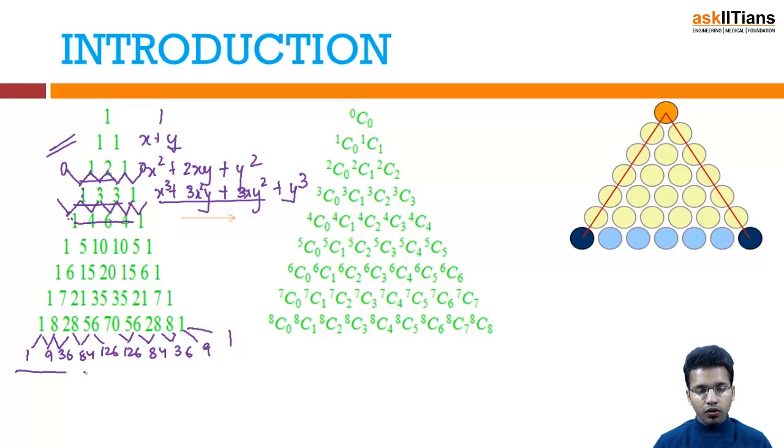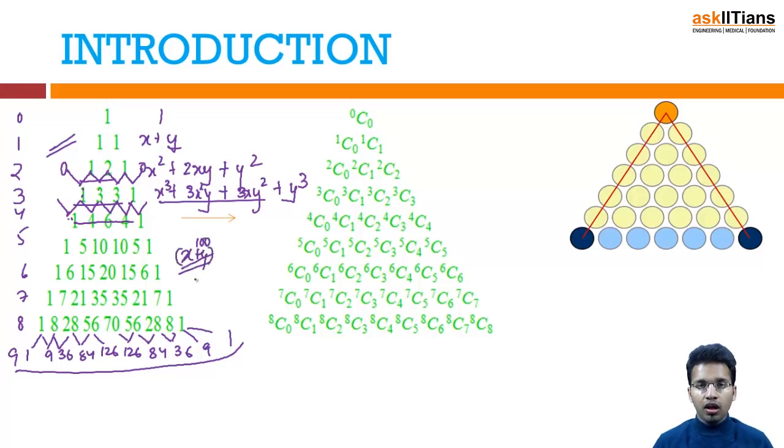So it will go symmetrically. And this was raised to power 0, 1, 2, 3, 4, 5, 6, 7, 8, 9. This way we can do it, but it's not possible if I give you x plus y raised to power 100. You won't go for 99 and then find the 101. So there needs to be some pattern.